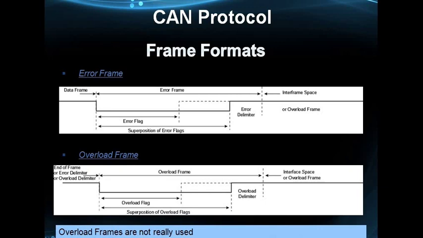You can see this is the active error frame. Basically, an active error frame consists of 6 consecutive dominant bits followed by 8 recessive bits, as you can see in this figure. In the case of a passive error frame, it will be 6 consecutive recessive bits followed by 8 consecutive recessive bits.